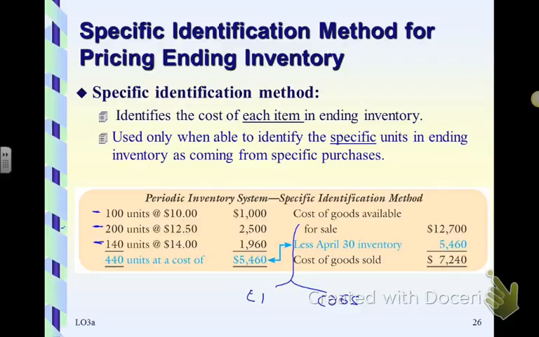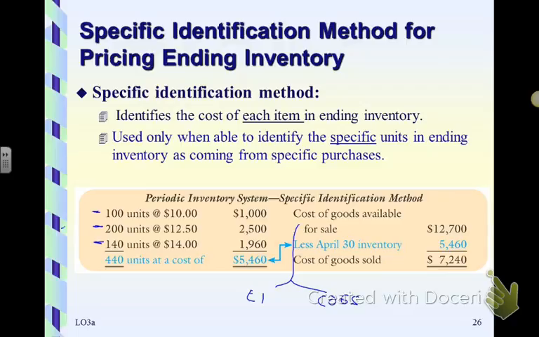All right? So we're going to look at page 300. We're going to look at the specific identification method, and it says here, identify the cost of each item in ending inventory.